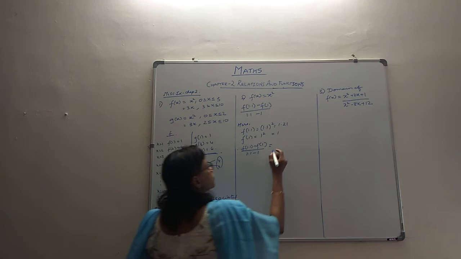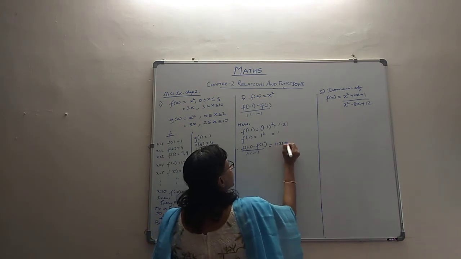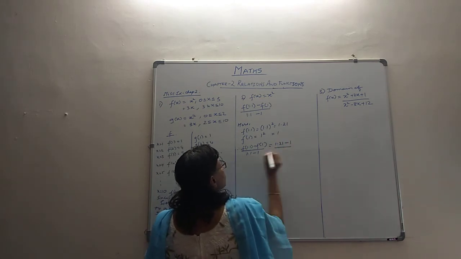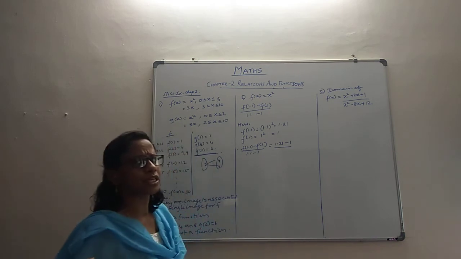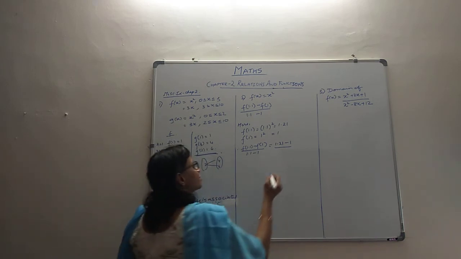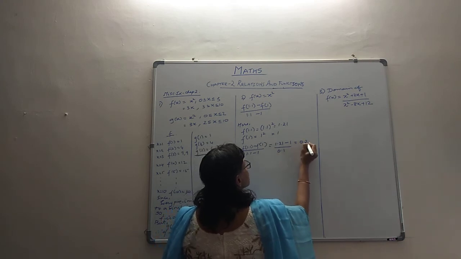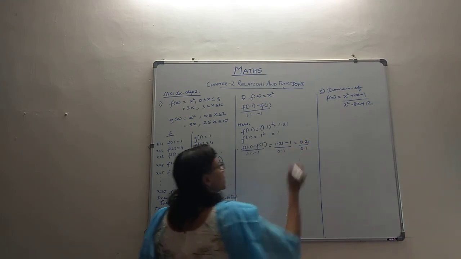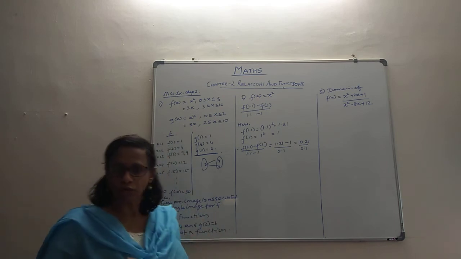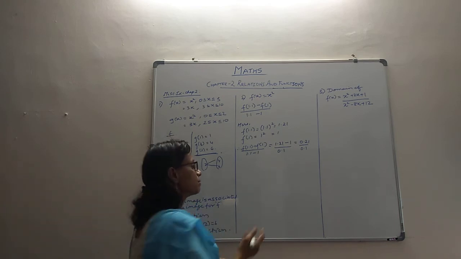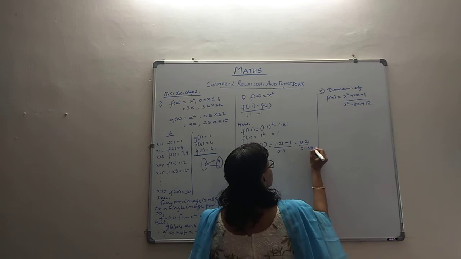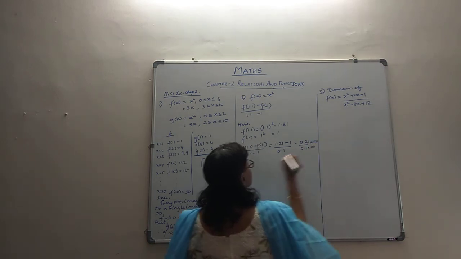So we just have to substitute, solve it and get the answer. Now, f of 1.1 is 1.21, this is 1, and here it is 1.1 minus 1. Our maths is very strong, we know it is 0.1. So it will come to 0.21 over 0.1. Whatever way you want to solve, you can. Maybe we multiply by 100 in both the numerator and denominator to get rid of the decimals.